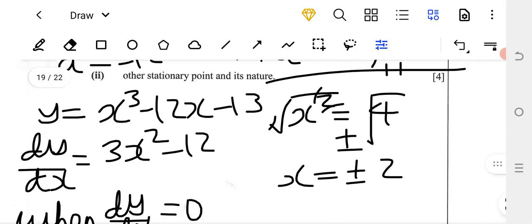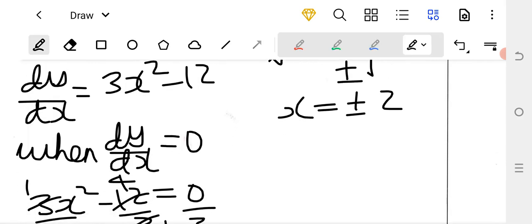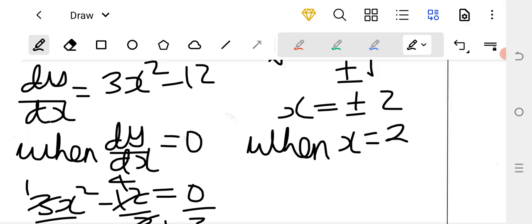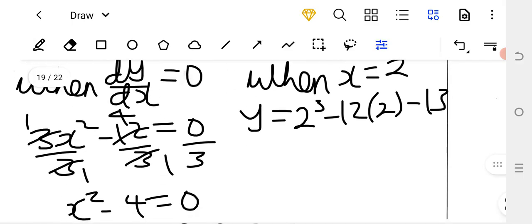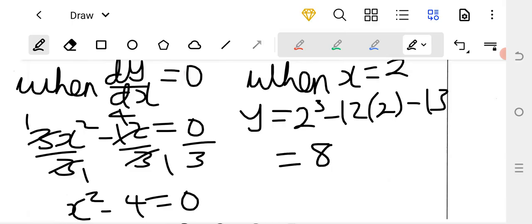So for the negative 2, we already have. We'll say when x is equal to positive 2, y is going to be equal to 2 cubed minus 12 multiplied by 2 minus 13. 2 cubed is 8 minus 24 minus 13. Y is equal to what? 8 minus 24 minus 13 is going to give you negative 29.